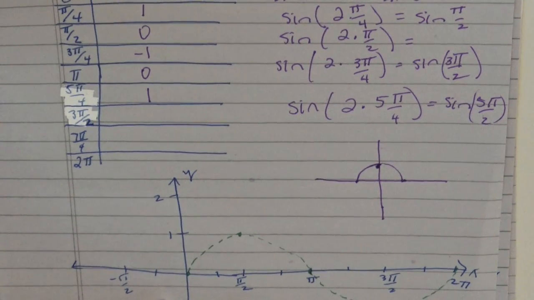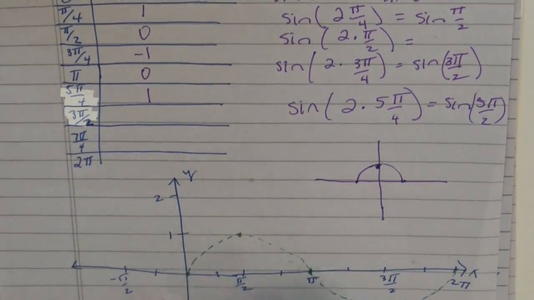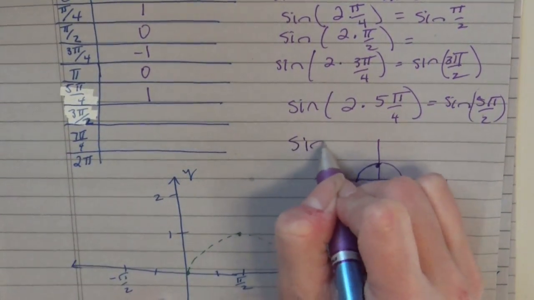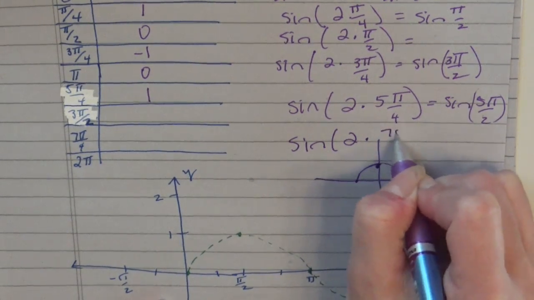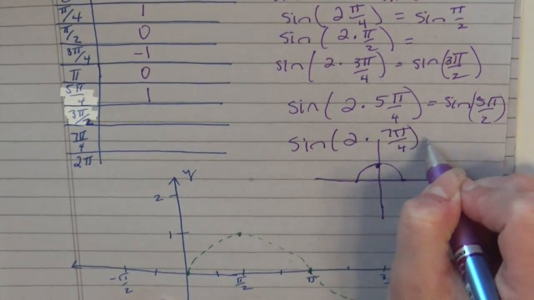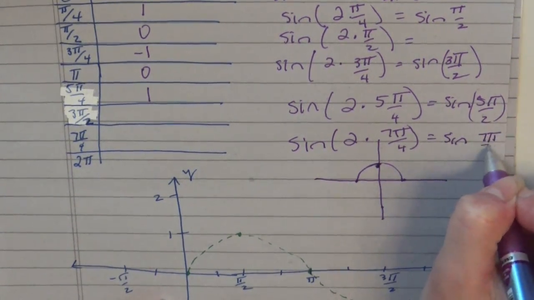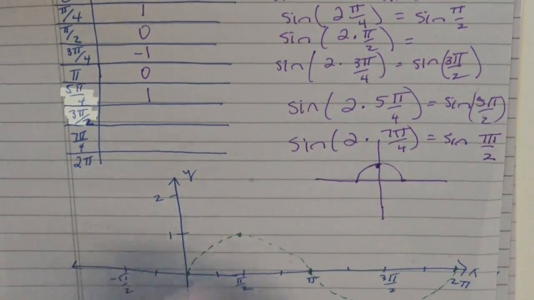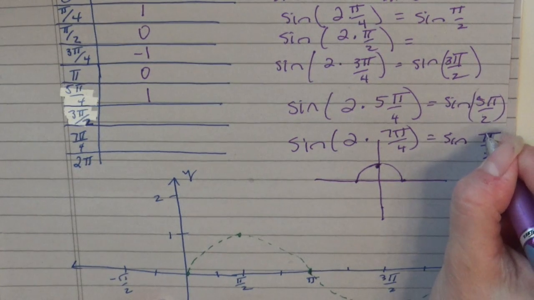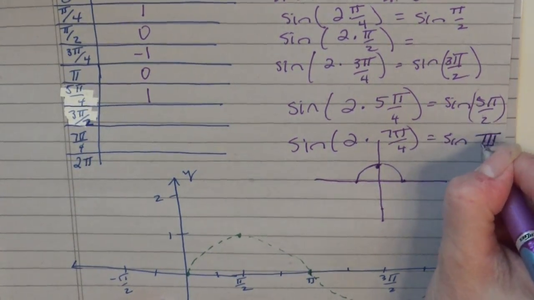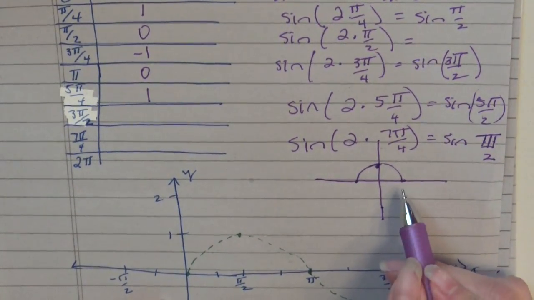What about 7 pi over 4? Now we're going to do sine of 2 times 7 pi over 4. That's going to be sine of 7 pi over 2. What's the reference angle for 7 pi over 2? Look at the unit circle again.